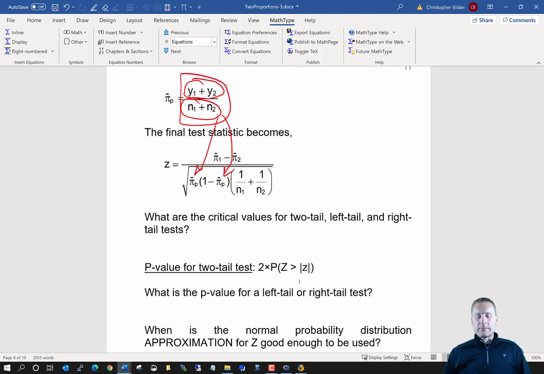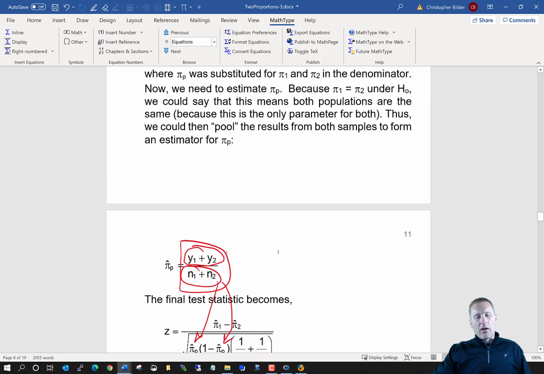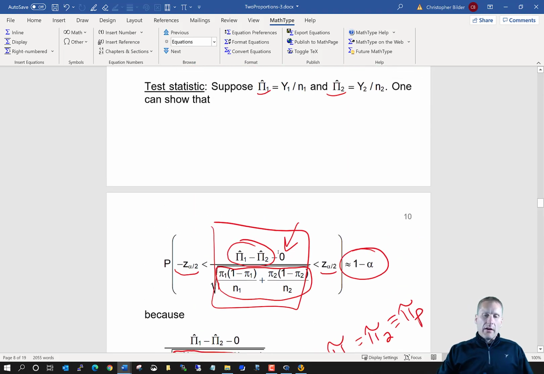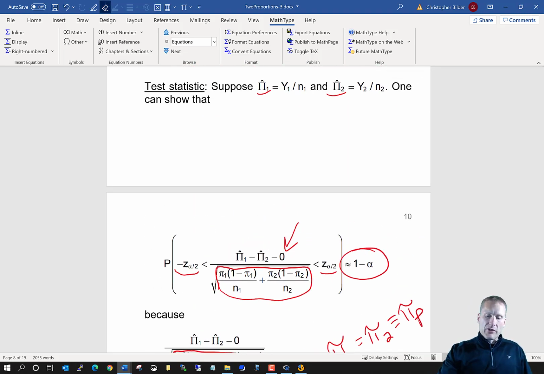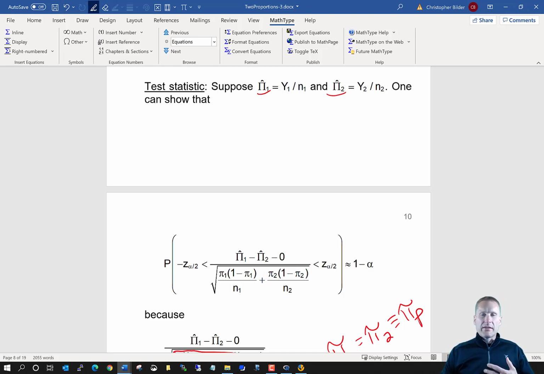Okay. So what are the critical values for a two-tail, left tail, and right tail test? It all comes back to this expression here for a two-tail test. We're asking what would be reasonable values to observe for a random variable z in this case. Well, you'd be between negative z sub alpha divided by 2 and z sub alpha divided by 2.